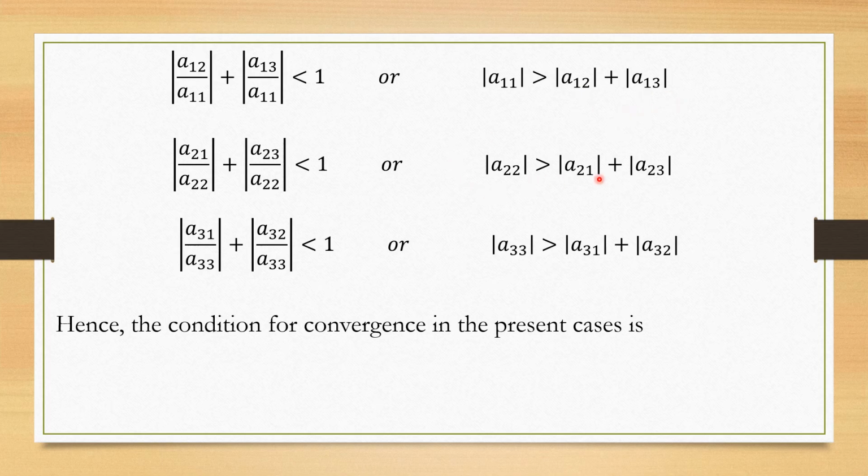Similarly, this is the second row in which a22 is the diagonal entry which is greater than the sum of the two entries. And similarly, for the third row, we have this relation and the diagonal entry is greater than the sum of the other two entries.